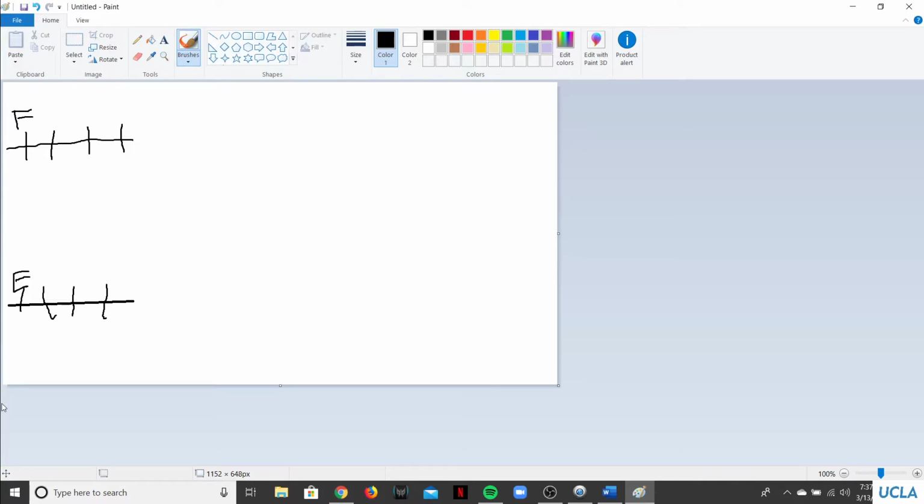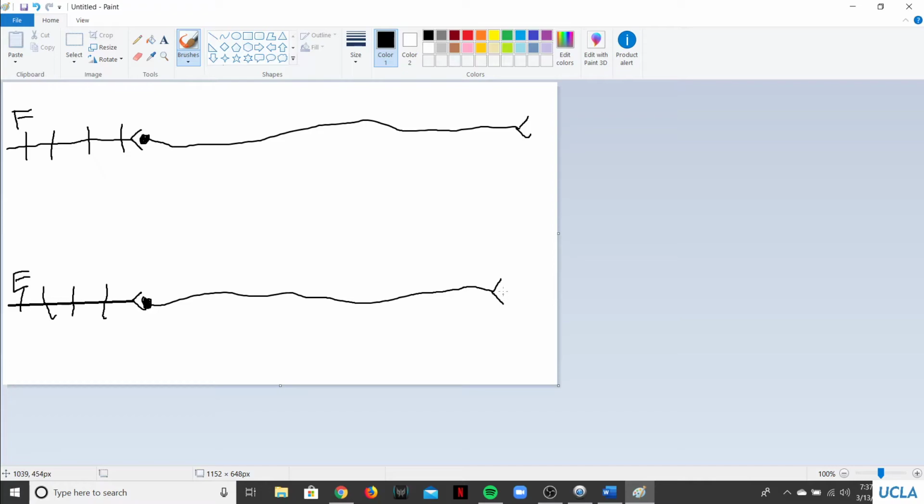Okay? So what you do is you have this come in and it binds to a neuron, and this neuron goes down, and eventually it will connect to a muscle. There may be another neuron before that or whatever, but the goal is to get to the muscle, okay?